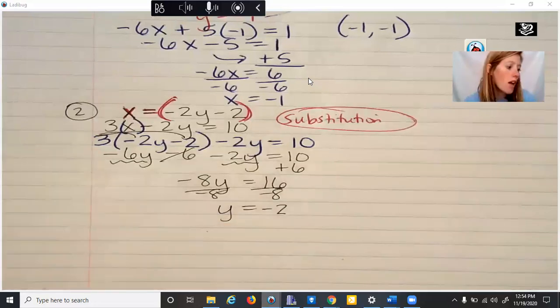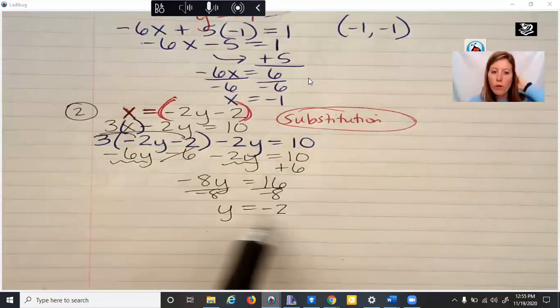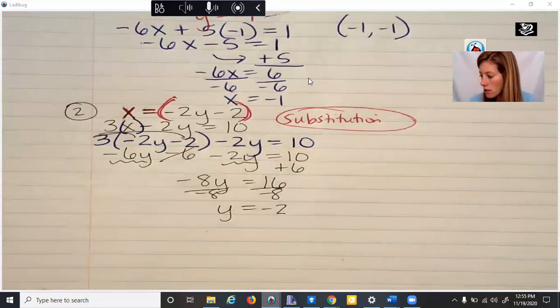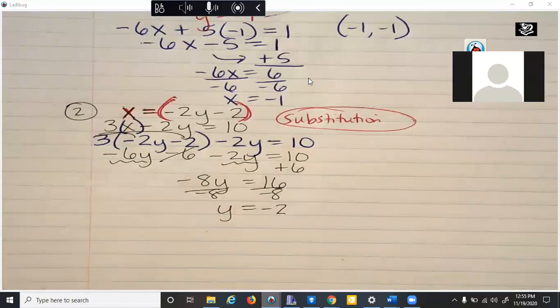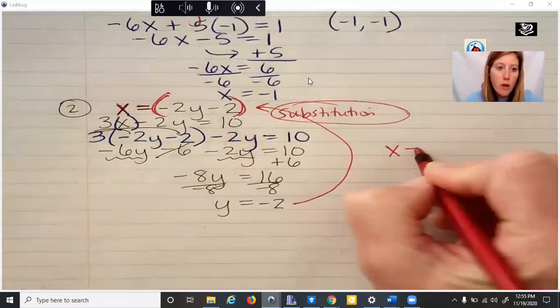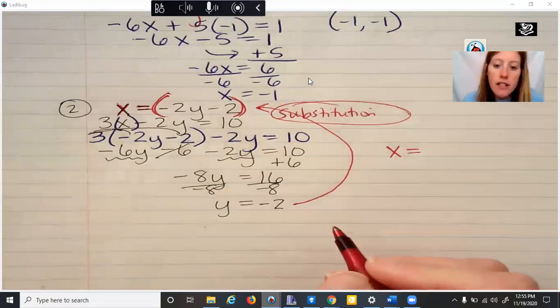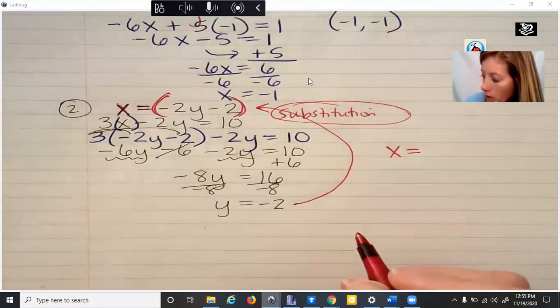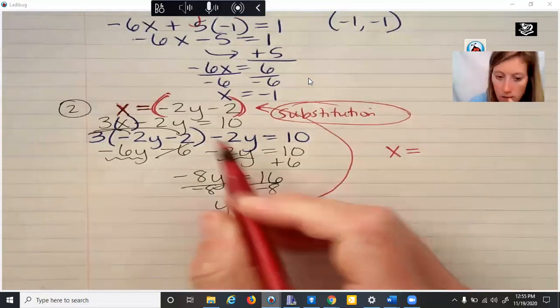Okay. Alexis, what do you have to do with the y equals negative 2? Plug it back in. Very good. And you want to plug it back in the one that says x equals on this one. So x equals, Zion, what am I going to write in order to plug in negative 2?